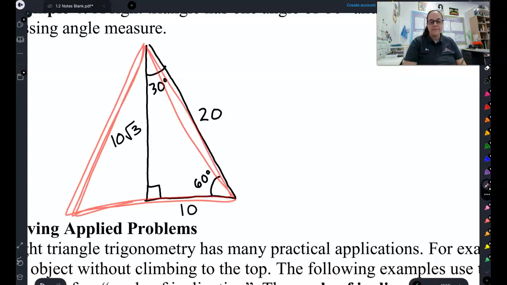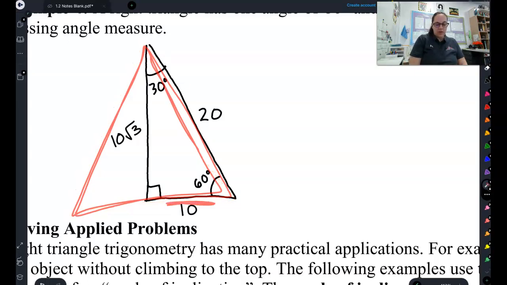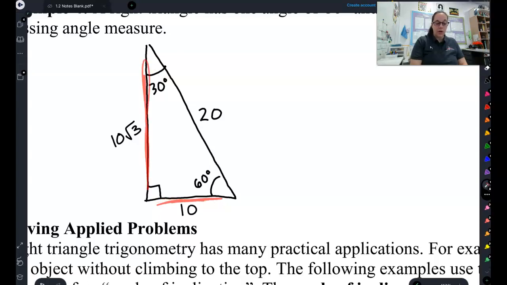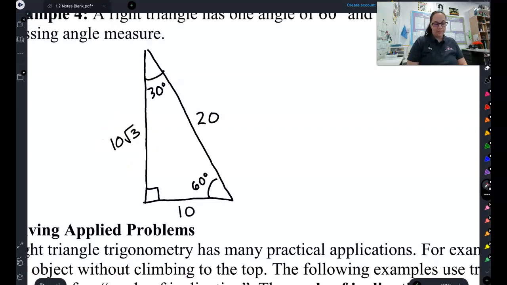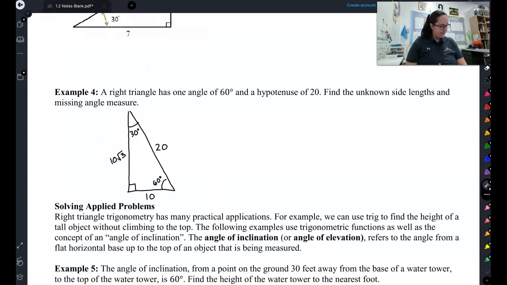There's our equilateral triangle. So if this side is 20, then I know this short side has got to be 10, half of that. And then to get to the other side, because I'm going from something smaller to something bigger, I'm multiplying, and we multiply by √3. And there we go. We're all done.